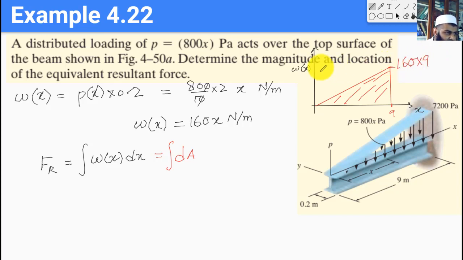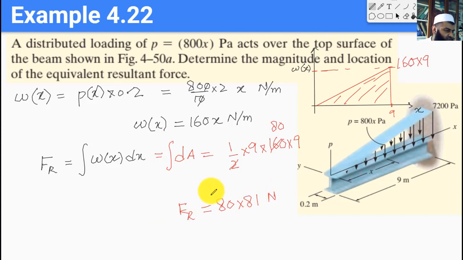This is the height. So the area is half times 9 times 160 times 9, and this becomes 80 times 81, in newtons. So we have the resultant force.